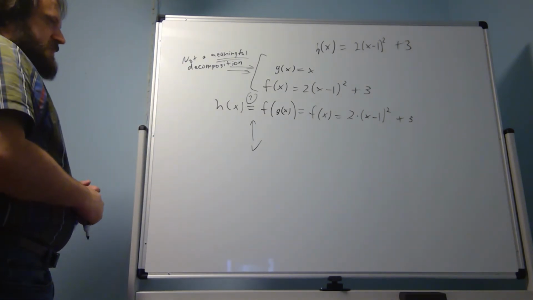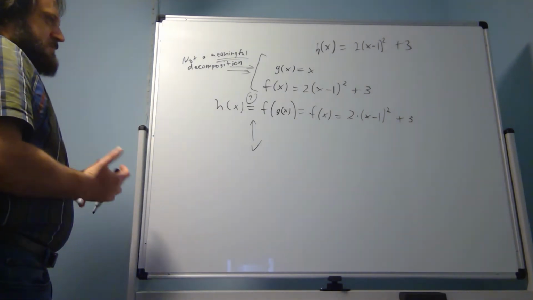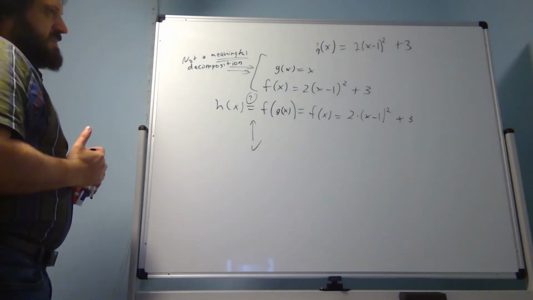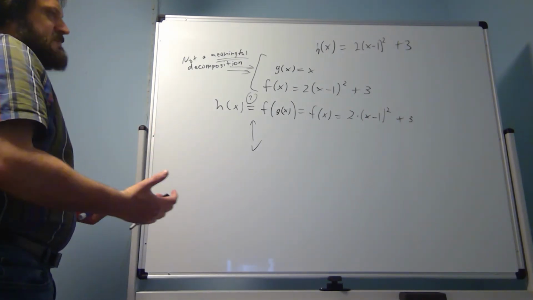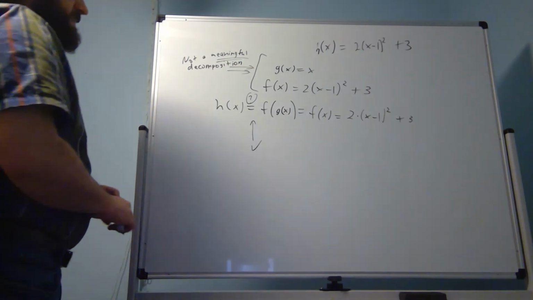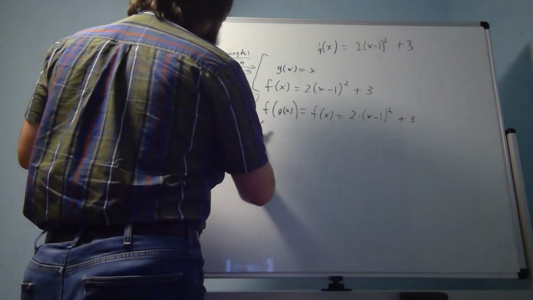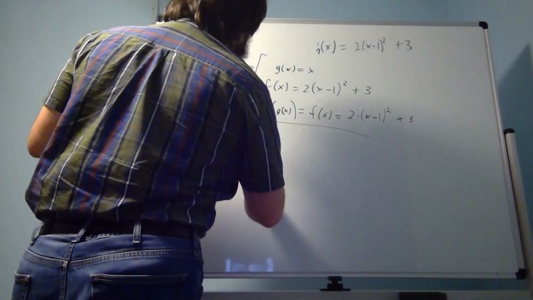The whole point is you want to break it into two simpler parts, where the relationship is that there's an inside function and an outside function, and they're actually working together. It's not just something completely silly and trivial.